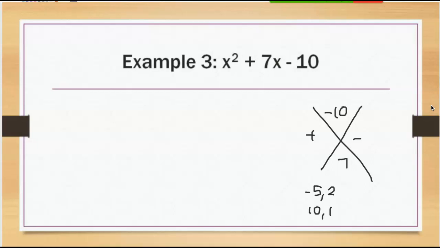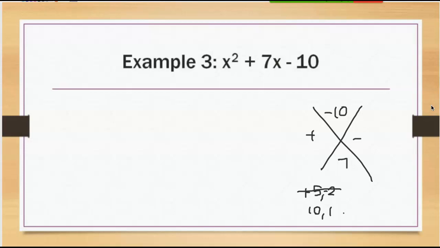If both are negative, we get a positive 10, so that doesn't work. If 2 is positive and 5 is negative, we get a negative 3, so that doesn't work. If 5 is positive and 2 is negative, we get 3, so that doesn't work.